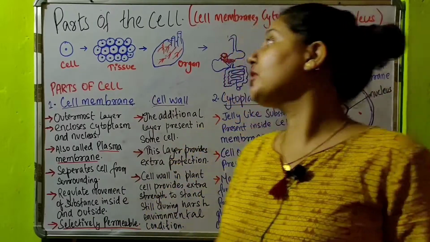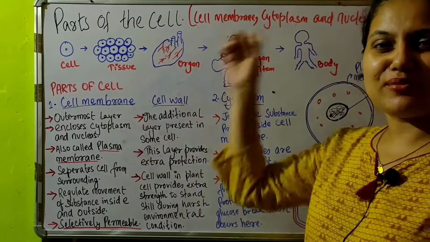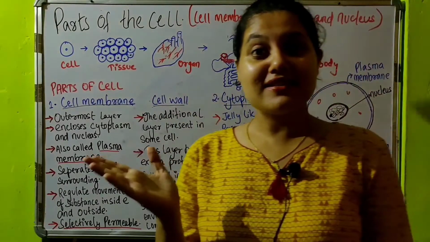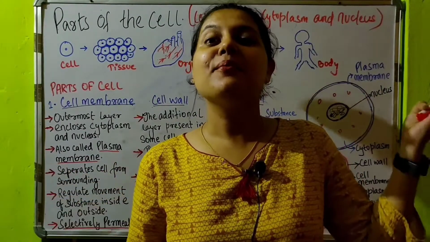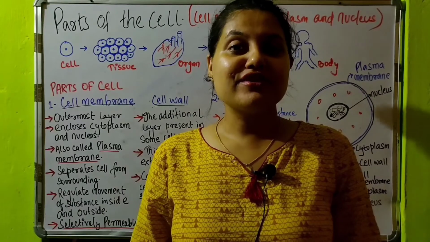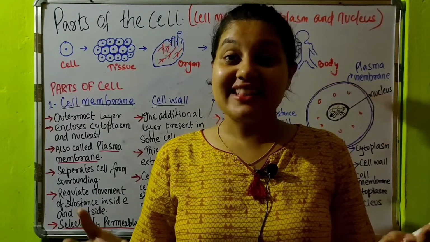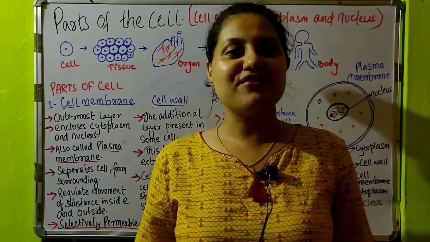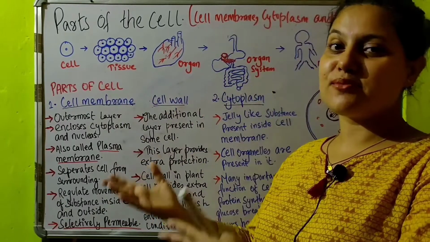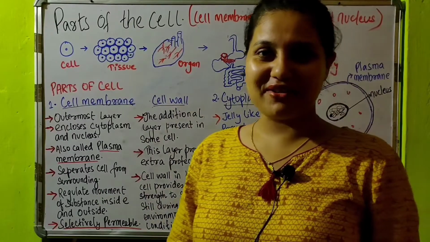In this topic, we'll be studying about the cell membrane, cytoplasm, and nucleus. Why is that? Because these are the basic components that make up a cell. If we study the basic components of the cell, then it will be easier for us to understand the cell. So now let us see more about the cell before going to the parts of the cell.